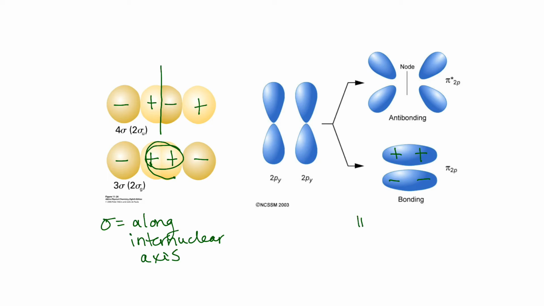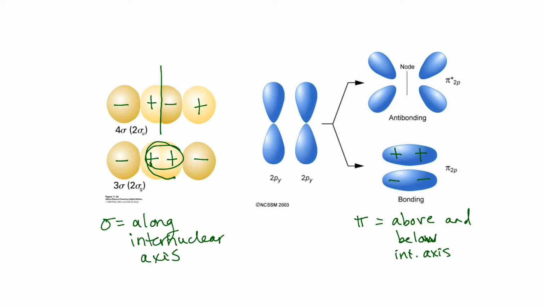So remember, pi bonds are above and below. That electron density is above and below your internuclear axis. And that's, again, distinct from your sigma bonds, which are where your electron density is right in the middle, right between your two atoms.